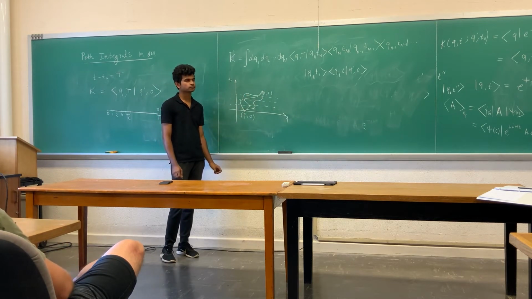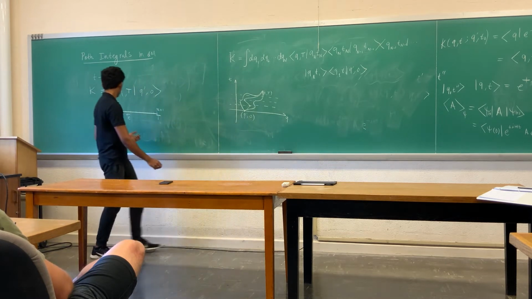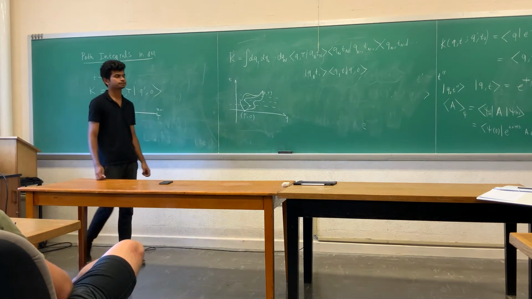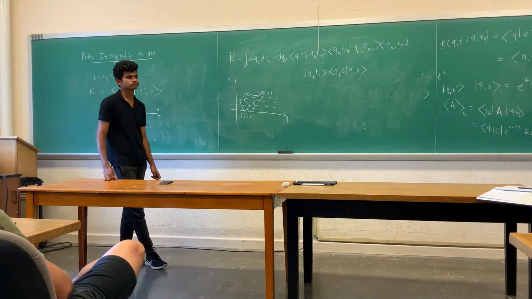Yes. Let's just focus on dQ1. That is for the first slice. So by integrating over that Q1, we take into account the possibilities of the particle being at any point.